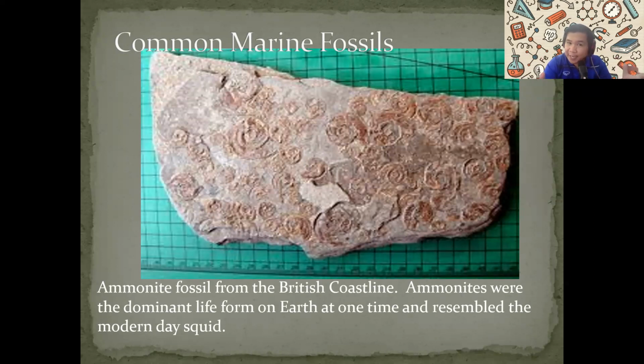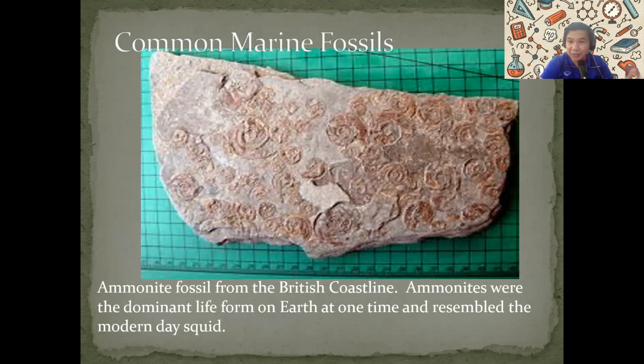Only 30% of the world had land up until now. 70% is made of water. And with 70% made of water, there were a lot of ammonites. These things resemble modern day squid. Do you know that if you do not kill a squid, it can virtually live for up to hundreds or thousands of years if nothing touches them?